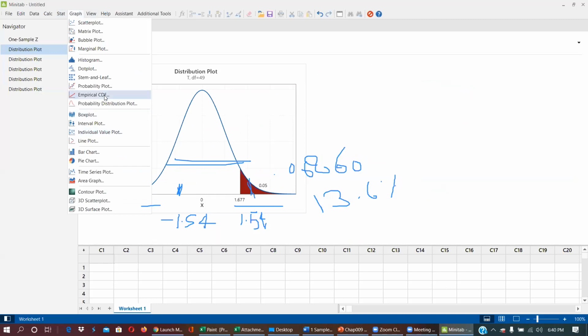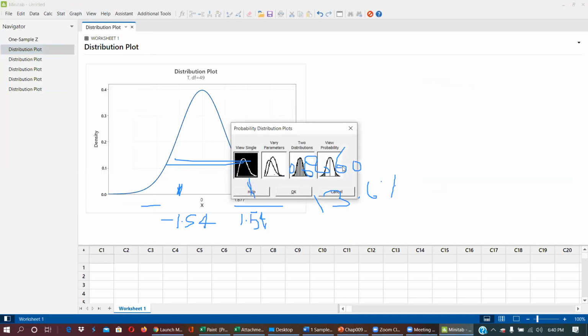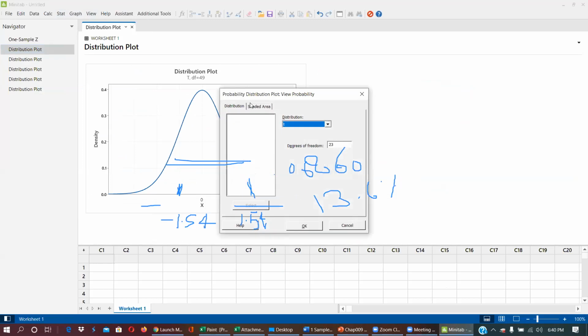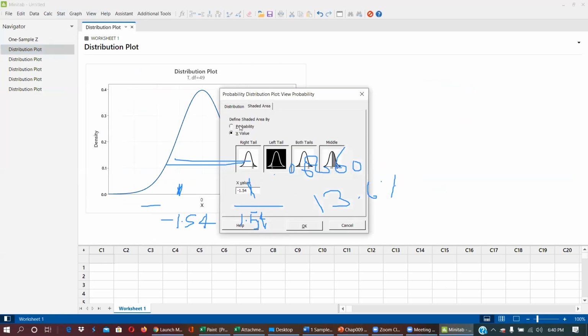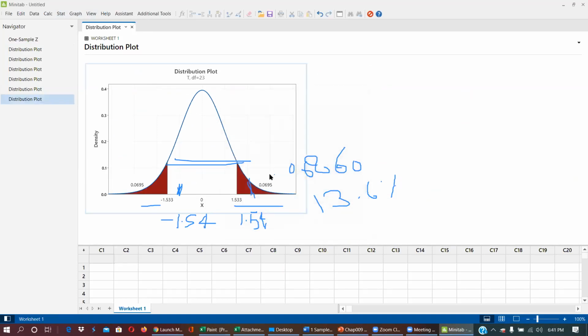Graph, probability distribution, degrees of freedom 23, and I put the probability 0.139.